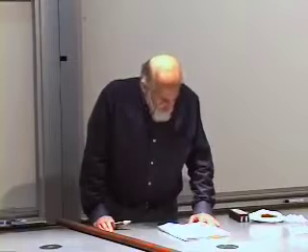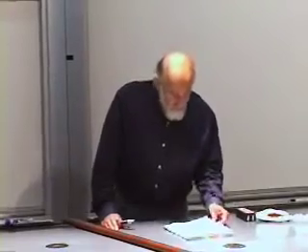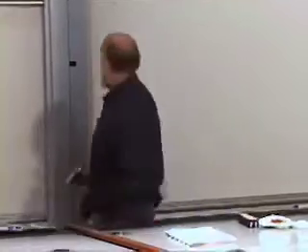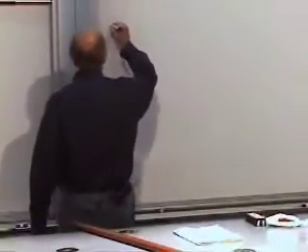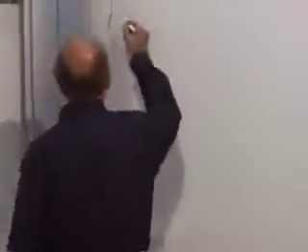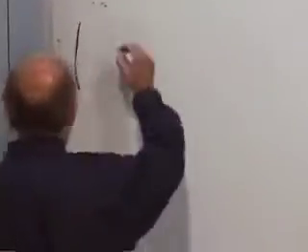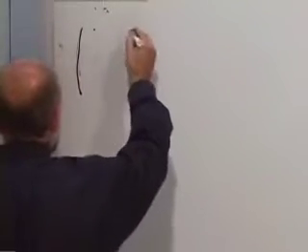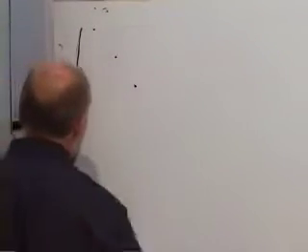Hermitian, H-E-R-M-I-T-I-A-N, for Hermite, who was a mathematician. Hermitian matrices. And to define them, let's first define a couple of concepts about matrices. First of all, there's the concept of the transpose of a matrix. You have diagonal elements and off-diagonal elements, and there's no reason why it has to be 2 by 2.